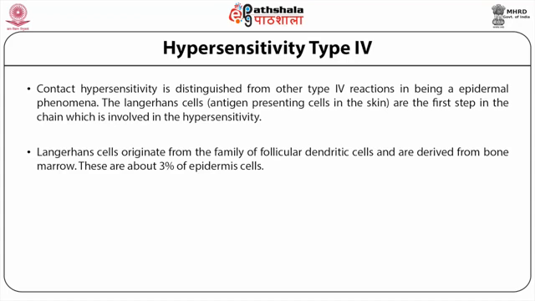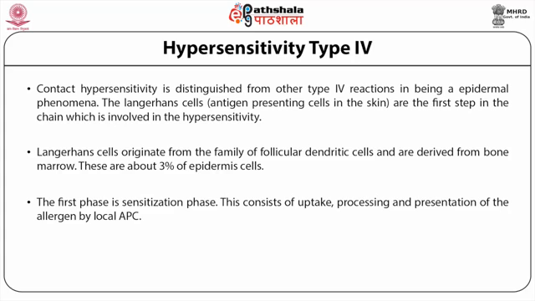Within few hours, that is 4 hours of using DNCB in mice, Langerhans cells appear in the draining lymph nodes. It is in lymph nodes that these cells act as antigen presenting cells and present antigen to lymphocytes.